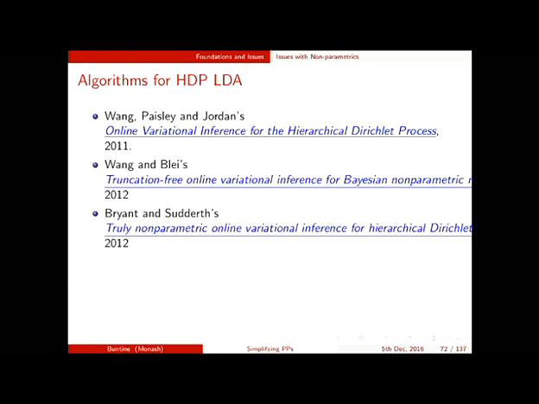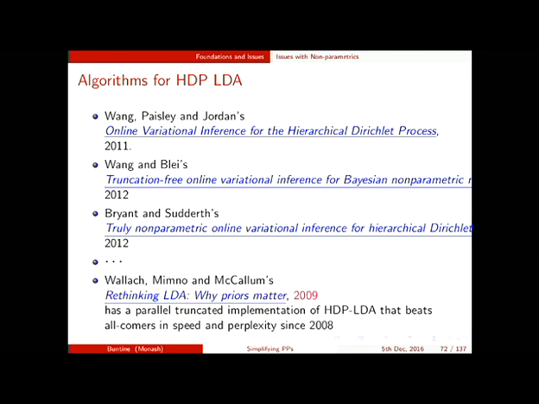So we had all of these papers where people were producing ever more complex algorithms in the early 2010s. But what was fascinating was that in 2009, they'd done a paper that is a truncated version of the same thing, was 10 to 100 times faster, and gave a huge improvement in the accuracy of the model fitting.